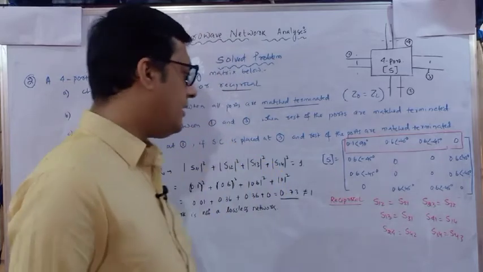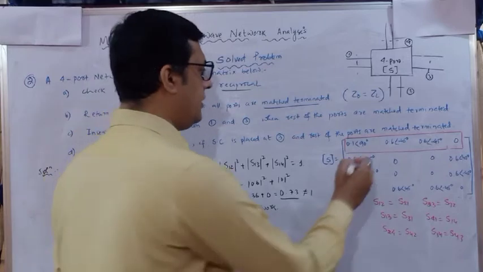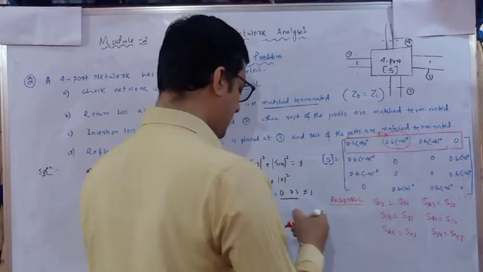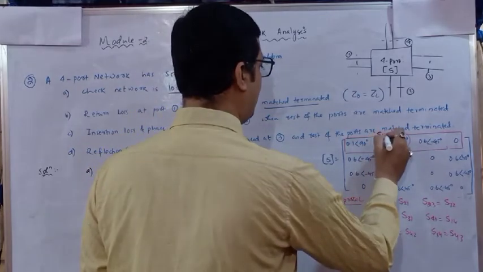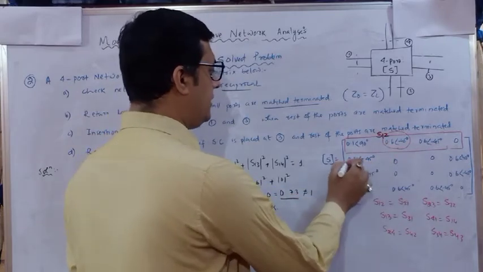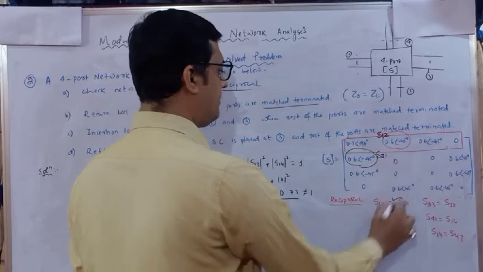Okay, now check. S12 is equal to S21. Which one is S12? This is my S12. Now S12 is equal to S21? Yes, it is equal. This is S21, so it satisfies.